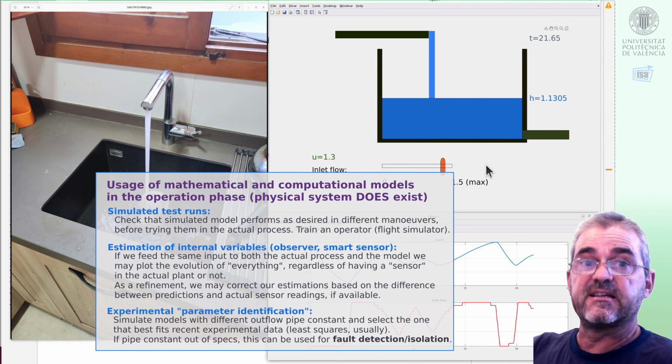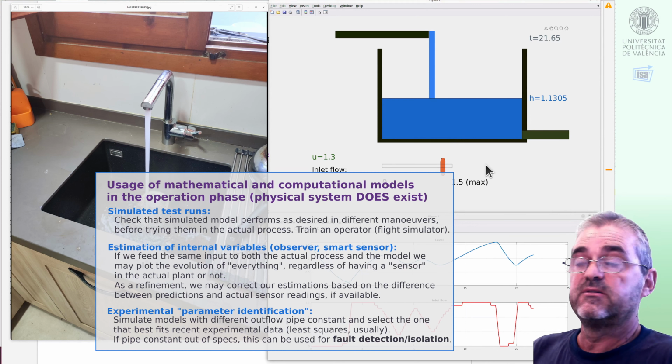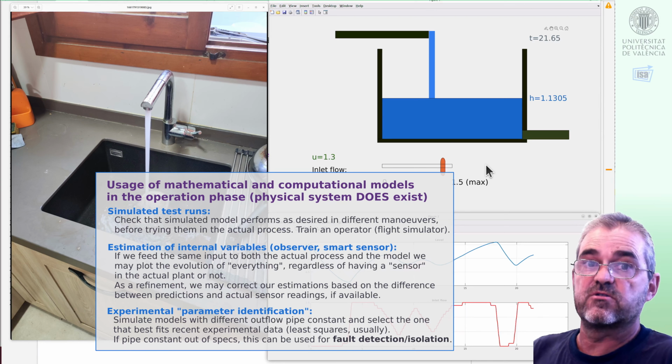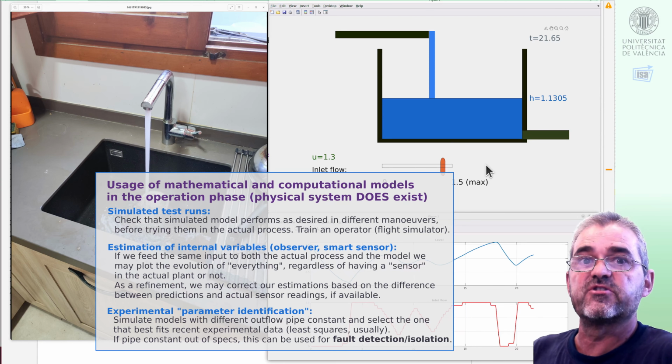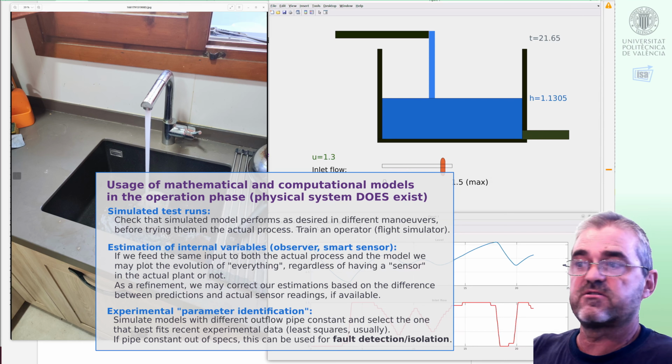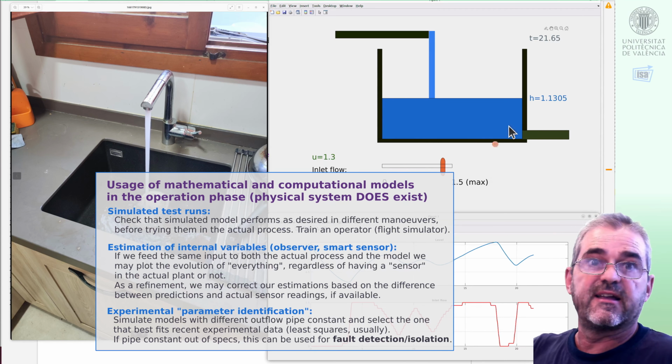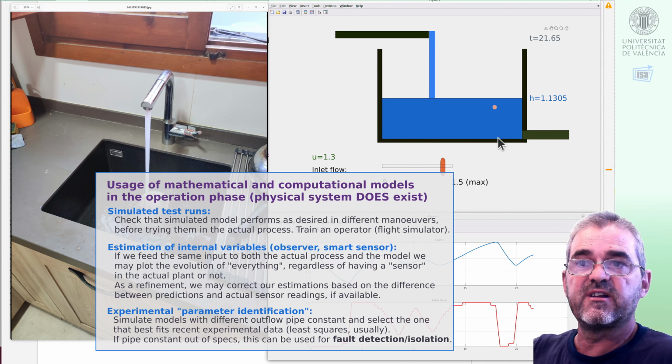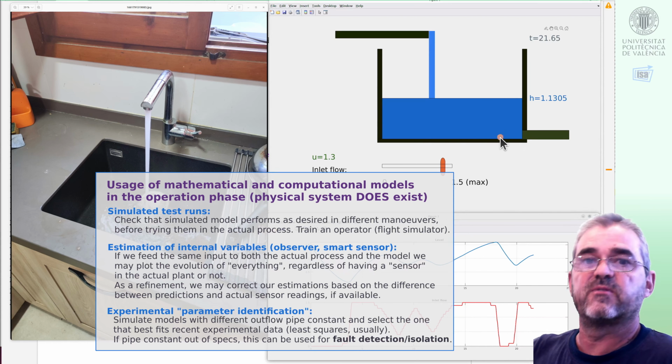So I can use my model running in real time in parallel to my actual kitchen sink in order to estimate the values of some internal variables for which I might not have an actual sensor with electronics and instrumentation. So maybe I do not have a pressure sensor at the bottom, but I can do some computations with formulae about which pressure I am having at a particular moment.